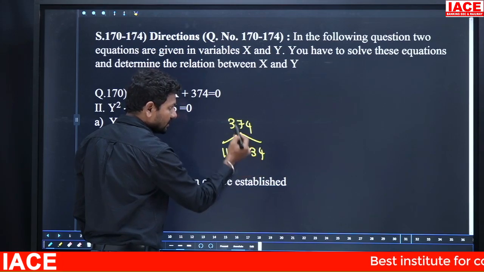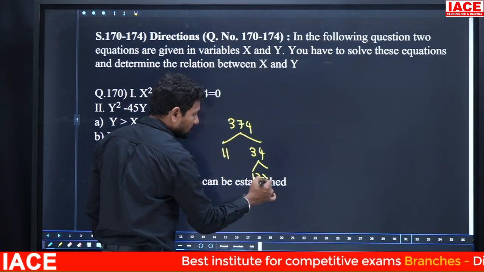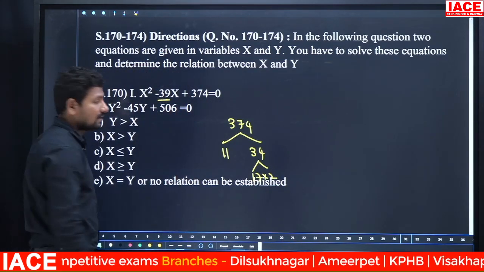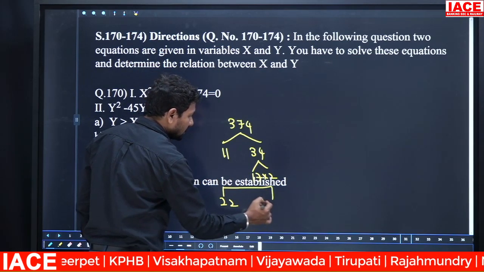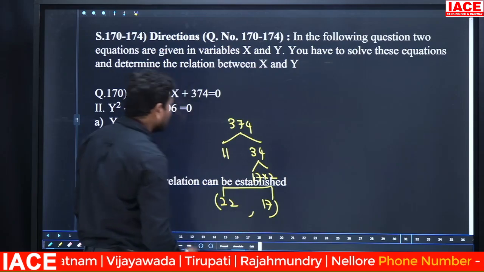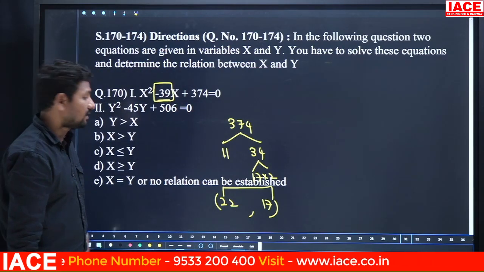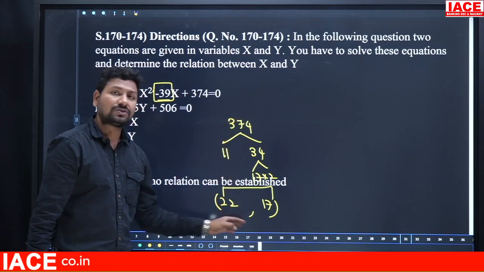Then 34 you can write as 17 into 2. Here 39 is required. 2 into 11 is 22, and 17. 22 plus 17 is equal to 39, and 22 and 17 multiply to 374. Then we have two factors, 22 and 17.